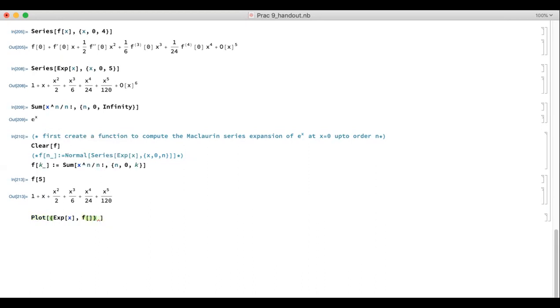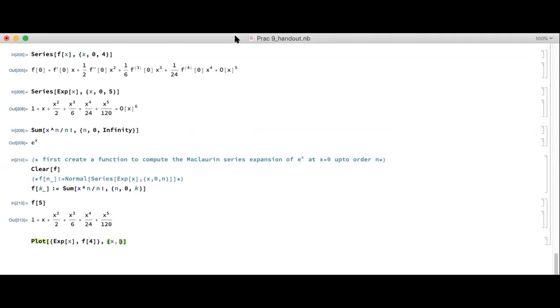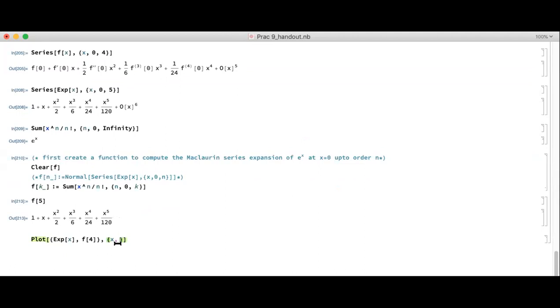Or maybe F4. X goes from, X can go from 0 to 10.